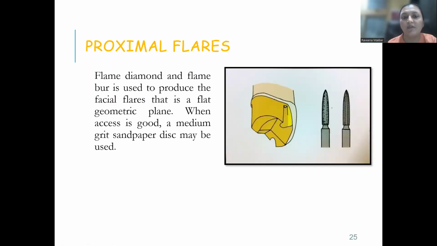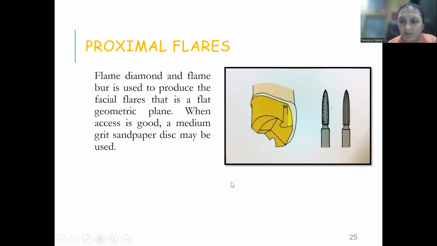Then is the proximal flare. A flame diamond and flame burr are used to produce the facial flares, that is a flat geometric plane. The groove is extended facially, creating a proximal flare. When the axis is good, a medium grit sandpaper disc may be used.